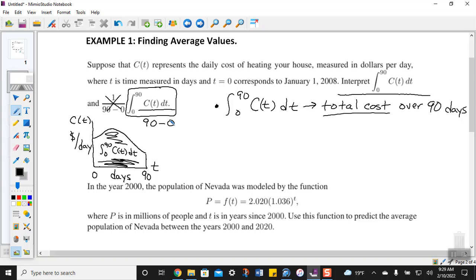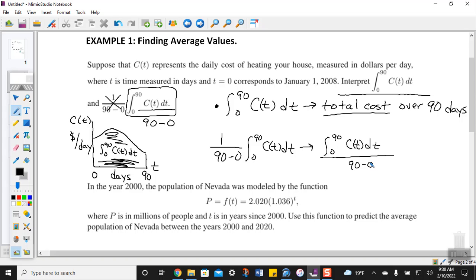Okay, so this 1 over, I'm gonna write it a couple ways. 90 minus 0, integral 0 to 90 of c of t dt is really the same as the integral from 0 to 90 of our function c of t dt, which was our total cost up here, right? Over your interval length. This was a total cost, right? Yes. This is a certain number of days, right? Yep. Wouldn't this be the cost per 1 day when you divide that out then?